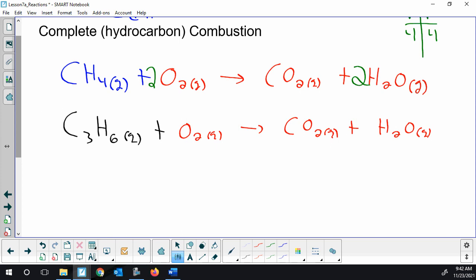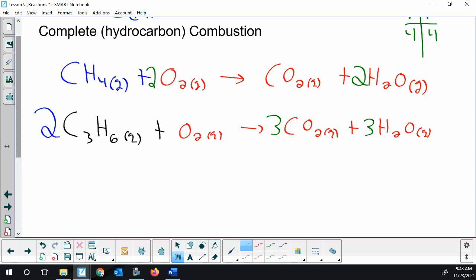So we'll start with the carbon, 3 carbons, 3 carbons, 6 H's. So to get 6 H's on the product side, we would need 3 times 2 to get 6. And then hopefully your brain goes, aha, I remember Mr. Curtis saying if you have an odd number here, it's not going to work out. You've got to restart and double everything. And that's what I'm going to do. I'm going to put a 2 here.